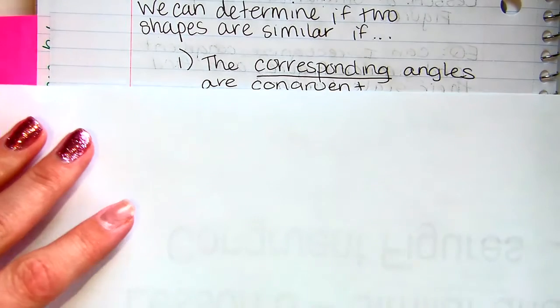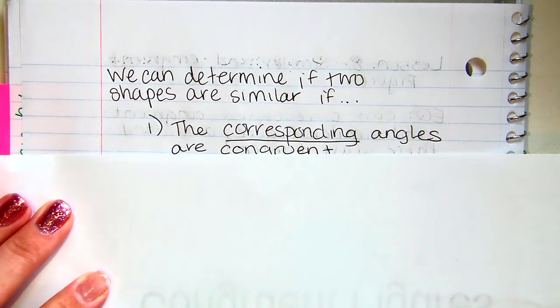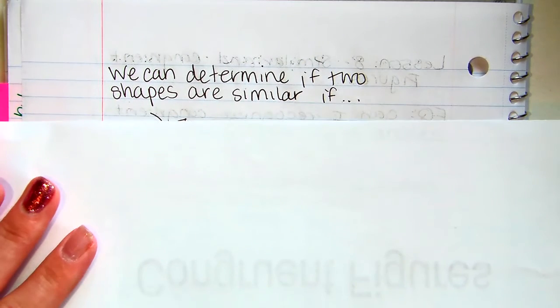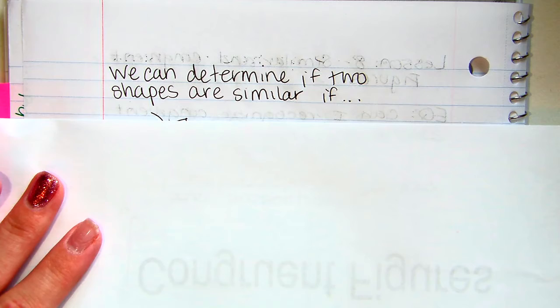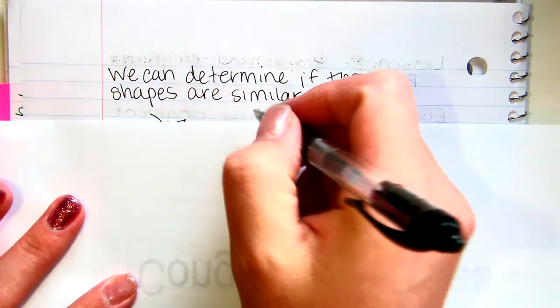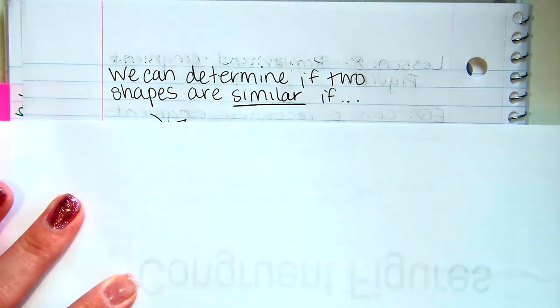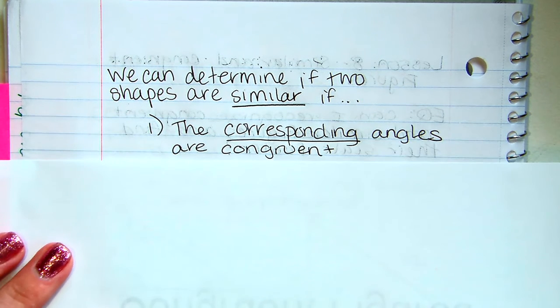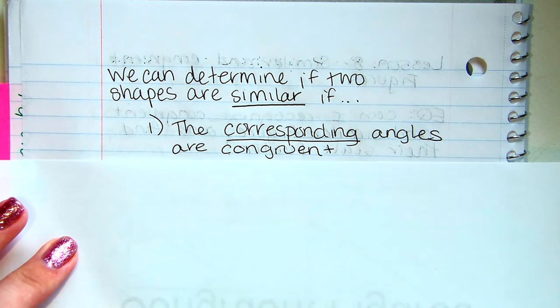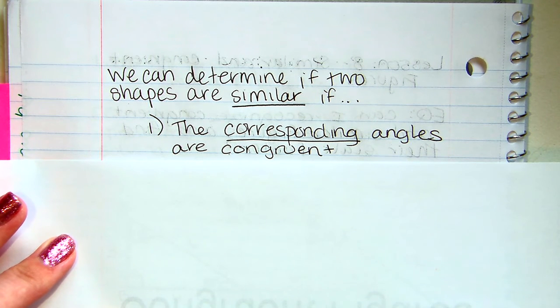when we're taking a look at congruent figures or trying to determine if our figures are similar, we can determine if two shapes are similar. And again, I'm going to underline the word similar here. And again, we can determine if two shapes are similar if the corresponding angles are congruent. And corresponding angles, again, are parts on different triangles or different rectangles, but they're in the same location.